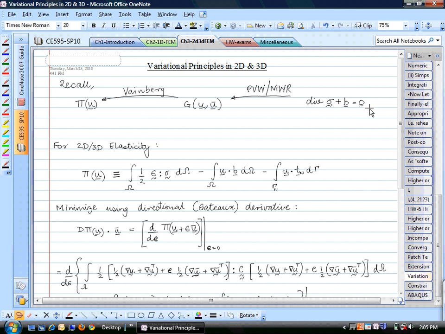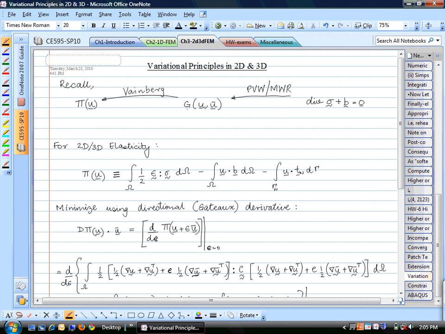Now the other way is, so this way was starting with the differential equation. But there are quite a lot of problems where you actually start with this. So from some physical principles, you know what is the energy stored in the system, and this is something that we derived for that spring and mass problem, right? So let's say I know what this energy functional is.